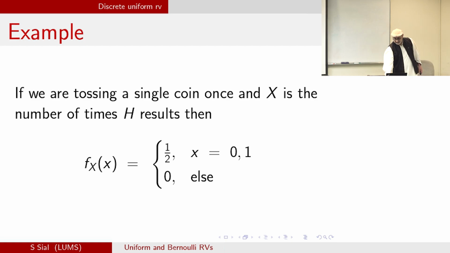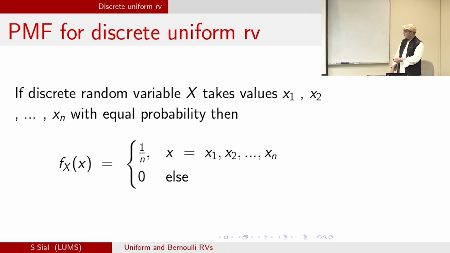So in our coin flip example, the PMF for x is the same for the 2 allowed values. There are 2 allowed values, so the PMF value would be 1 over 2 for those, and 0 for anything else. For the rolling the die example, you have 1 over 6 for the 6 allowed values, so you would have n equals 6.